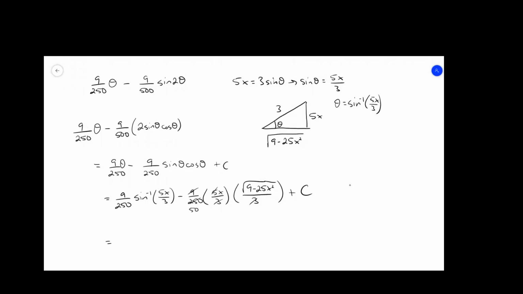So our final answer here is 9 over 250 inverse sine of 5x over 3, minus, what do we have left there? 1/50th, I guess, is the only constant that's left, 1/50th x times the square root of 9 minus 25x squared. And so there we go. There's our final answer for that one.